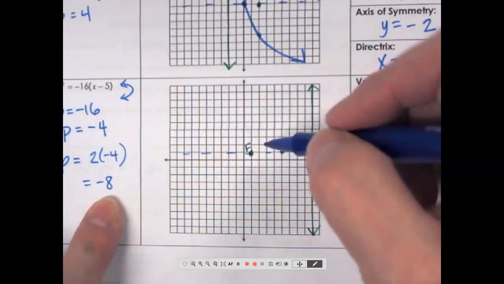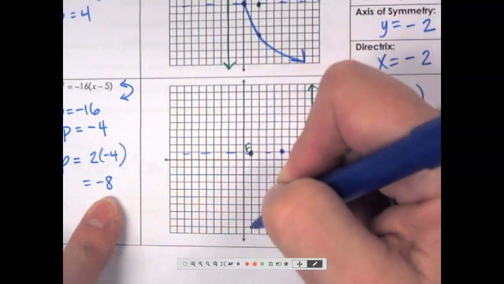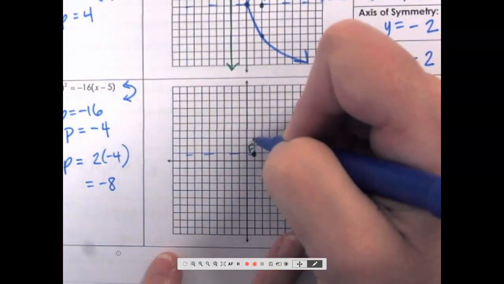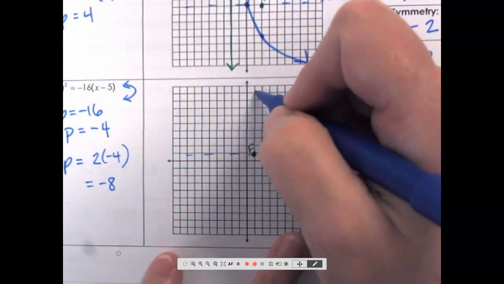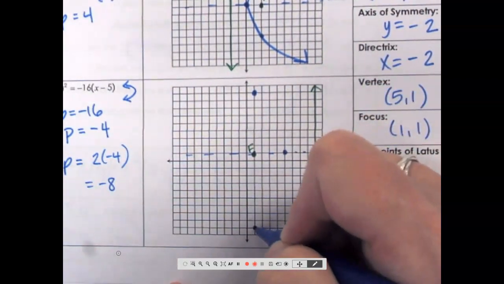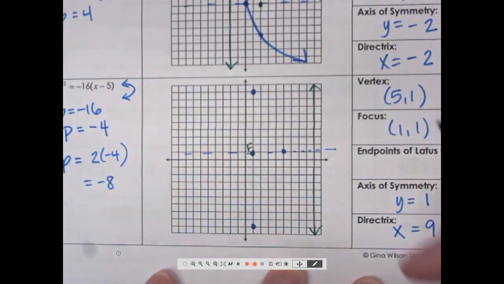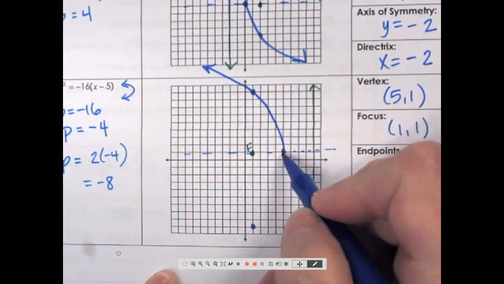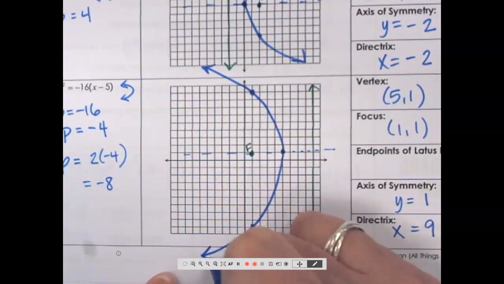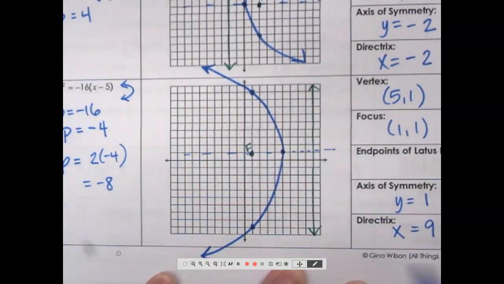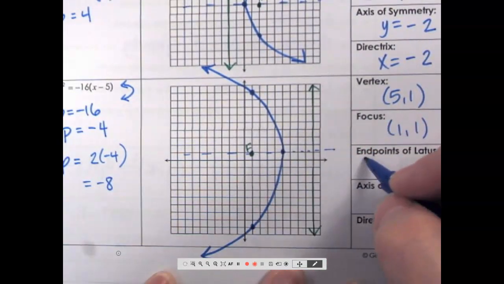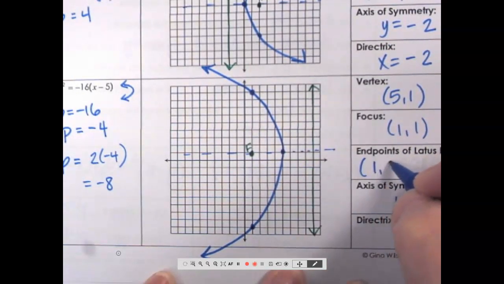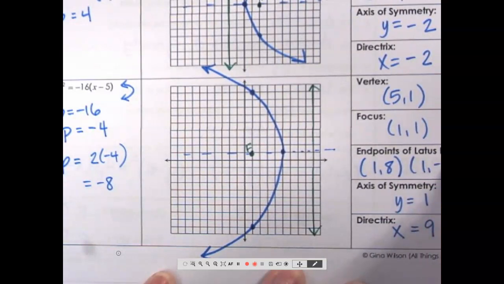I'm going to go 8 from the focus up, 8 from the focus down, and then connect it through those 2 points. And it's going to be super wide. And those 2 ordered pairs that I just drew through would be 1, 8 and 1, negative 8.